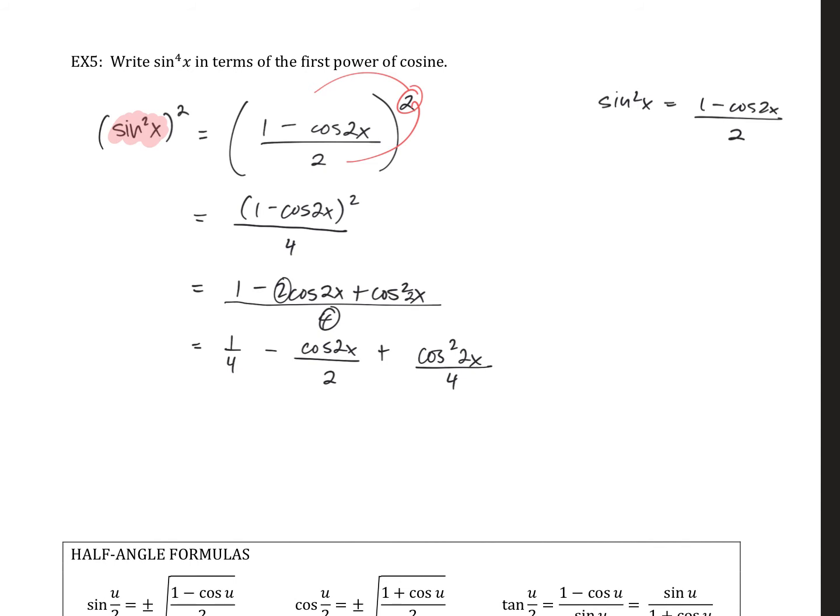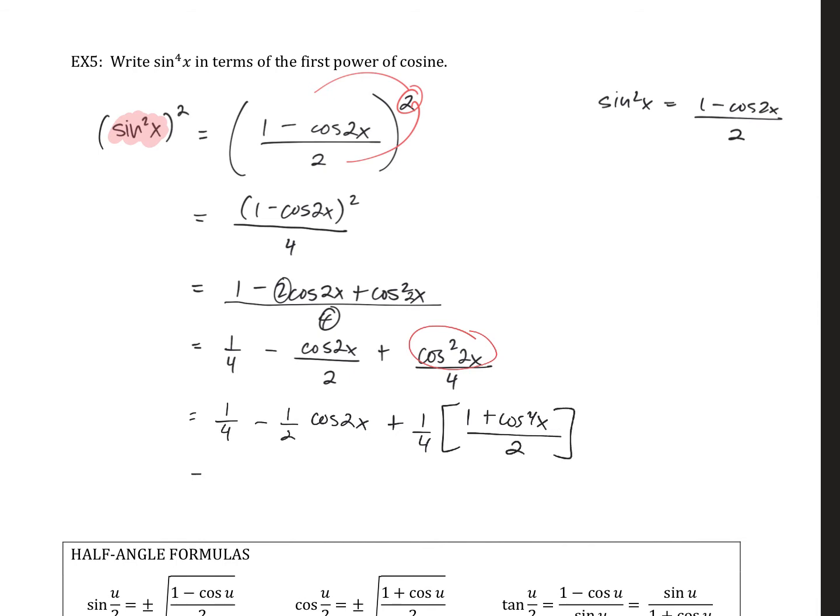Can I use this to simplify anything else? I know I can simplify cosine squared of 2x with one of our formulas. Let's plug that in. So we'll have a 4th minus, and I'll pull the half out from the cosine 2x, cosine 2x, plus that 4th times cosine squared of 2x, which we know equals 1 plus cosine 4x divided by 2.